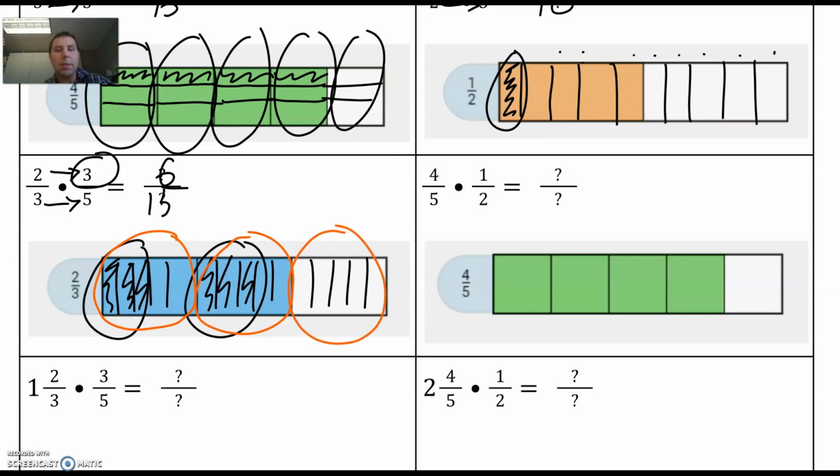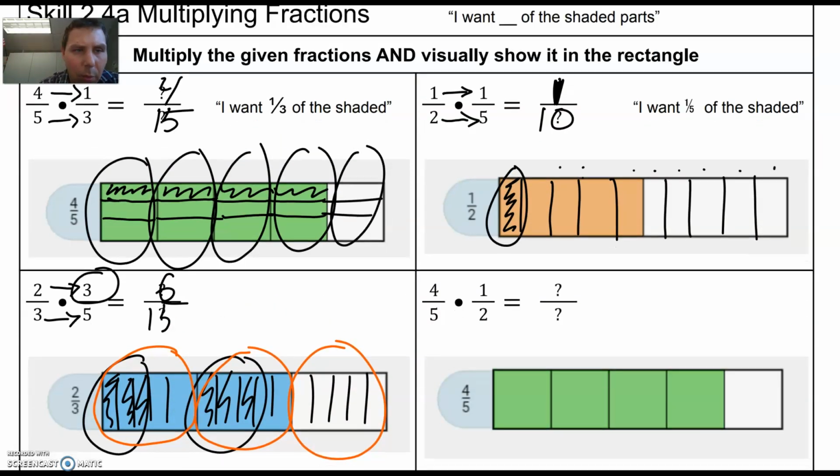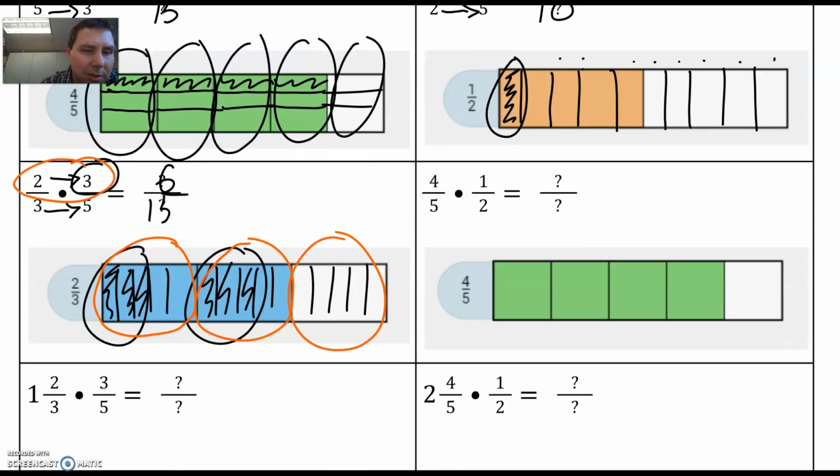Okay. So what's cool about this one is the other ones were only like 1. Here you can really see the 2 groups of 3. Whereas this one, what we would see is 4 groups of 1. In other words, in each of these 4, 1, 2, 3, 4, you'd only see 1 in it. So this is what it would look like. I have 4 pieces. I only want 1, so that's 4 groups of 1. So there's 4. 5 times 2, you have 5 of those pieces.